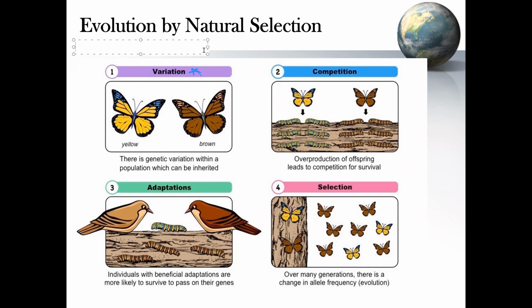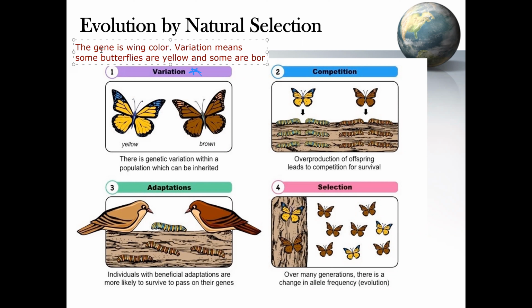There's variation because some of the butterflies in the population have yellow wings and some have brown. So the gene is wing color. Variation means some butterflies are yellow and some are brown. Okay, so variation in a population.